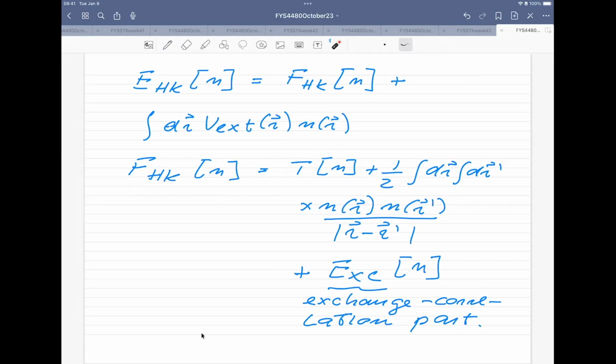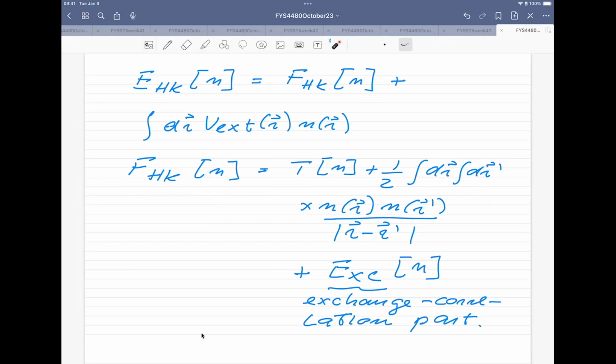So if you're looking at atomic neon, then this part here is a universal part in the sense that it will be the same as we would have for atomic sodium, because the interaction would be the same, the kinetic energy is the same, except that we have a different amount of electrons. However, the potential which confines the motion of the electrons in atomic neon and atomic sodium is different, because atomic neon has 10 protons and atomic sodium has 11 protons. So then the external potential changes.